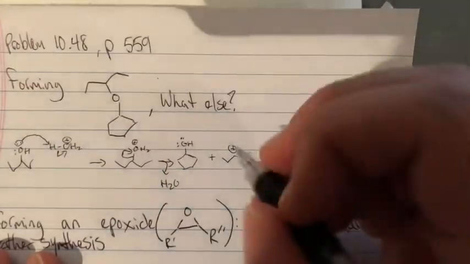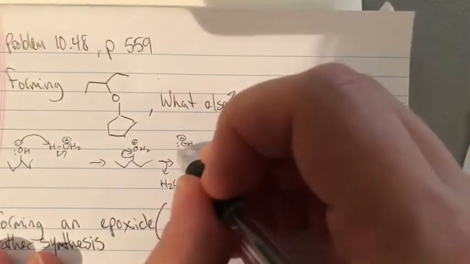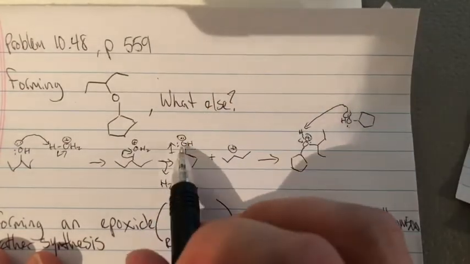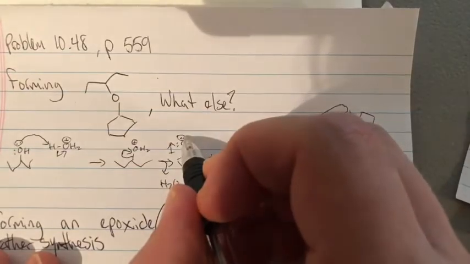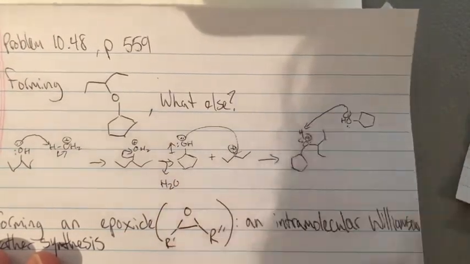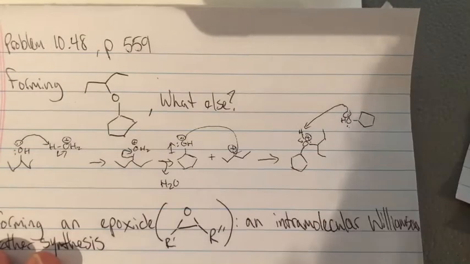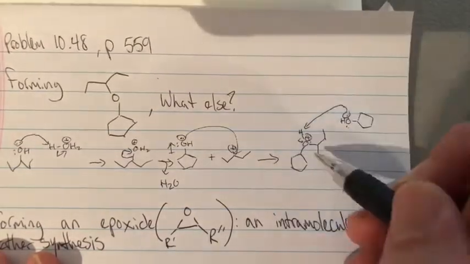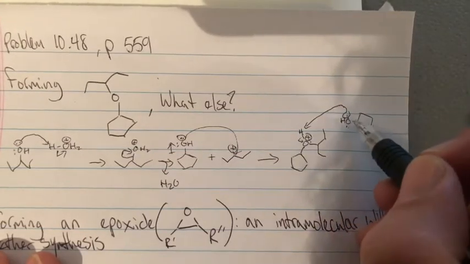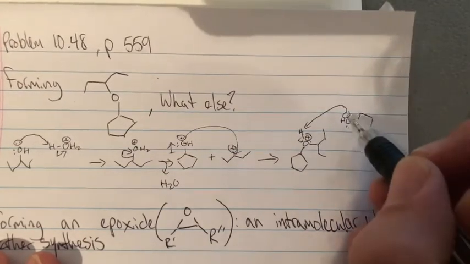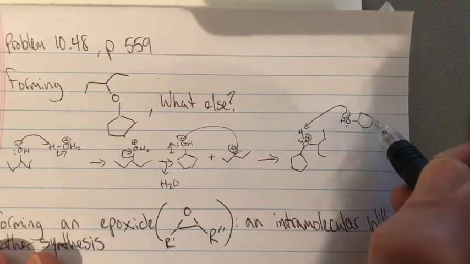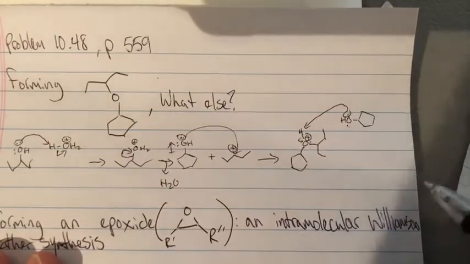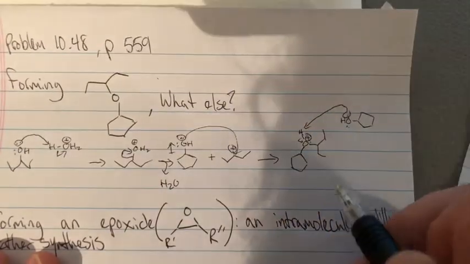All right. And now, remember, you're going to have a dipole going in the direction of that oxygen, so that oxygen is going to be most electron rich. Coordinate there, pending formal charge right there with the intermediate, a protonated ether. And then an additional hydroxyl is going to come around, either being that cyclopentanol or the 3-pentanol, and remove that hydrogen.